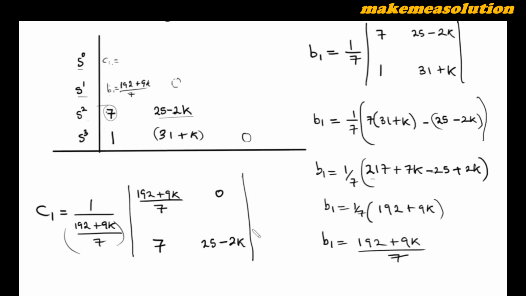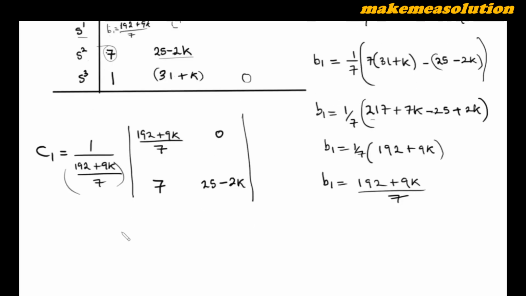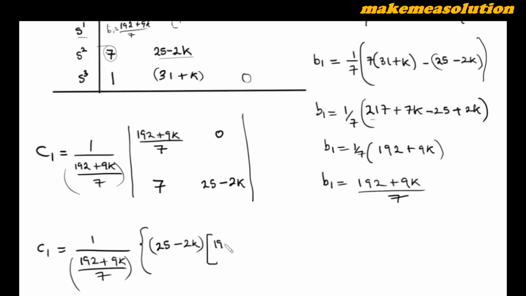So at the end of the day, what we find ourselves doing is comparing this and this. So our c1 is going to be 1 all over 192 plus 9k divided by 7. And if you look carefully, you must have seen the answer. This times this is 25 minus 2k into 192 plus 9k divided by 7.